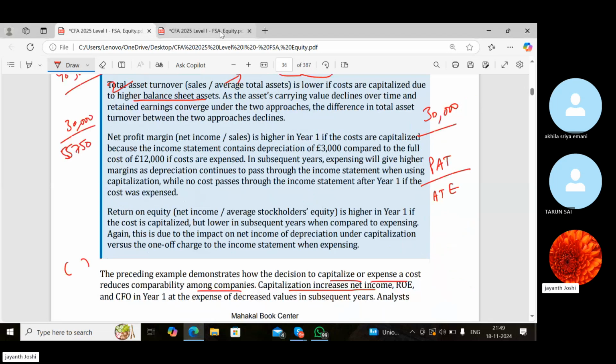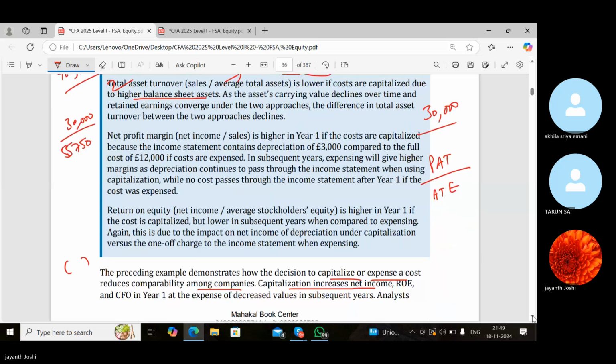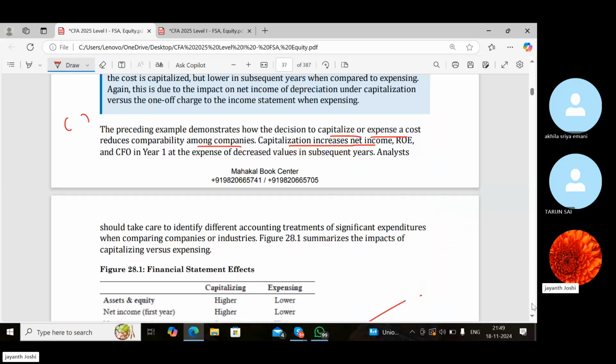Yeah, so we have seen that, and coming to the next explanation, then ROE.